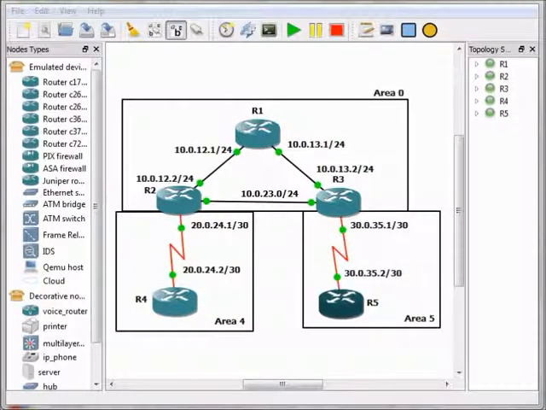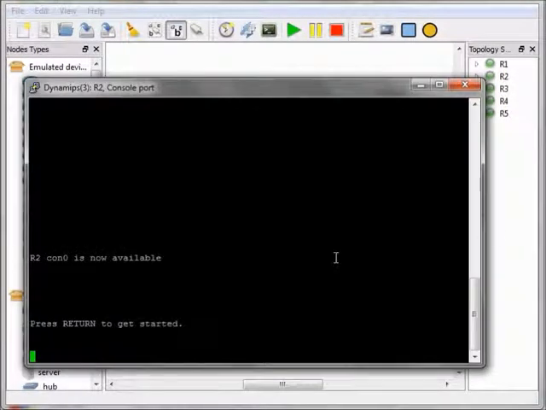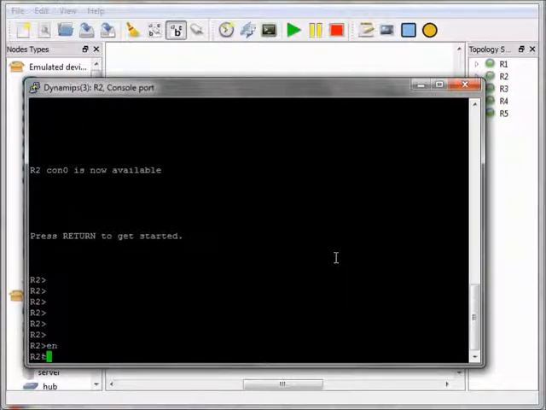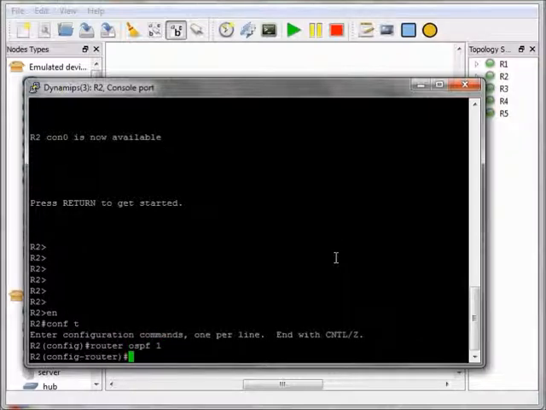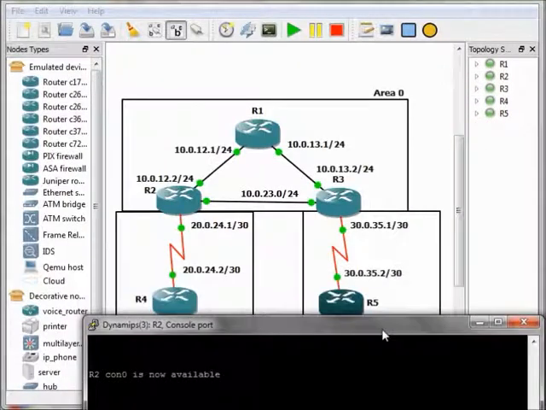Now we enter to router 2, privilege mode, global configuration mode, router mode, router OSPF, then process number, let's take 1. Okay, then configure the networks.